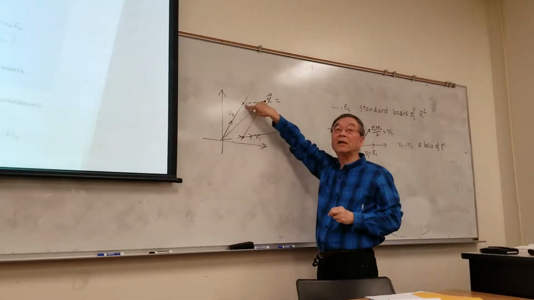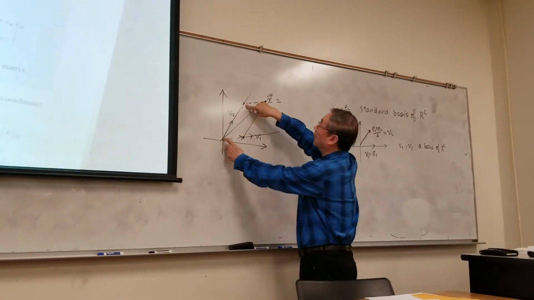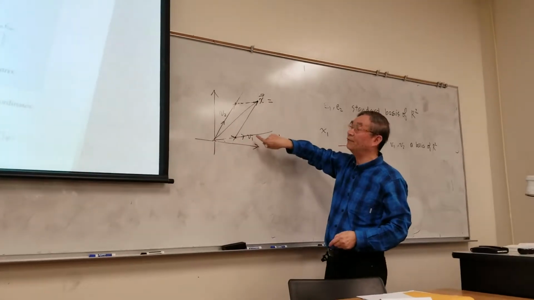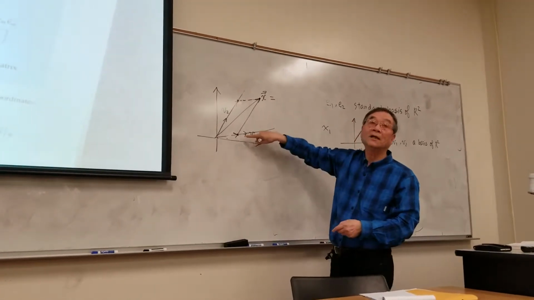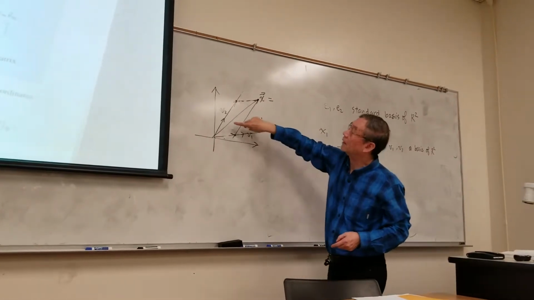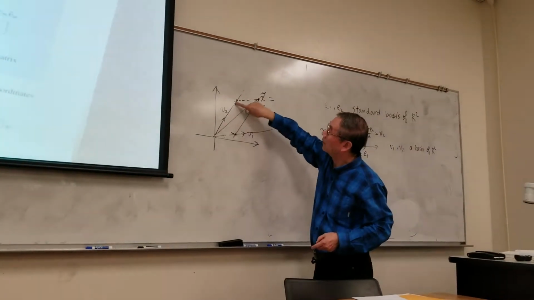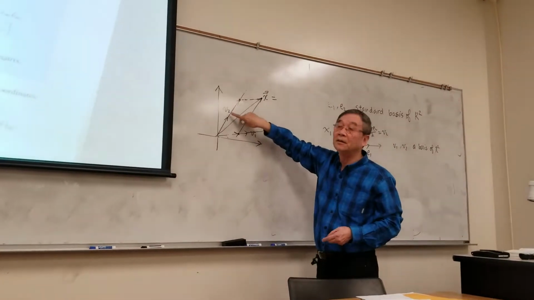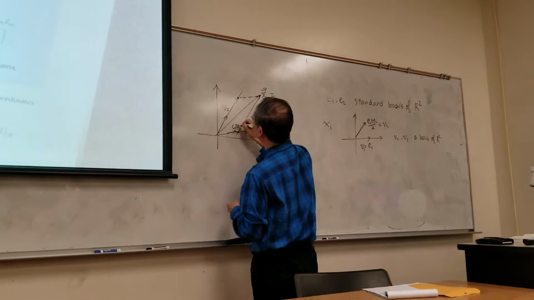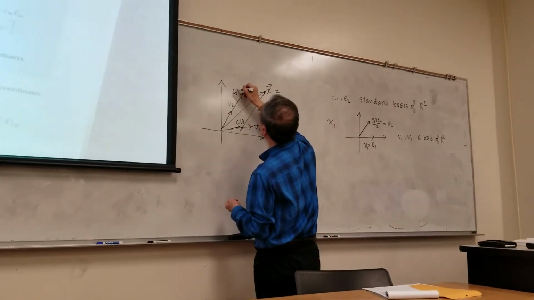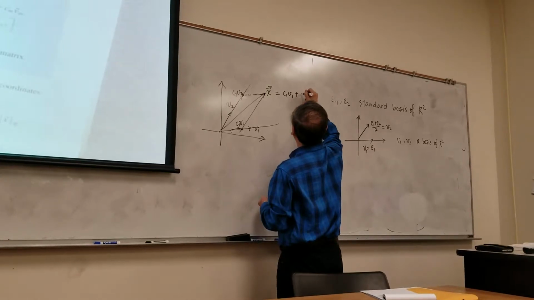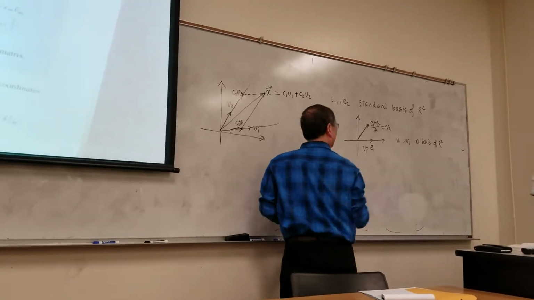But this vector here is a multiple of v1, right? It's on the line with v1. The other vector, this one, is a multiple of v2. So we just write this as c1 v1, and this as c2 v2. And then x is c1 v1 plus c2 v2.